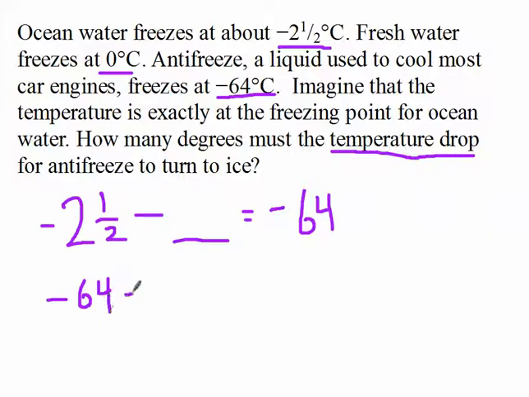-64 plus a -2.5 will give me, this is going to be a negative value. So -64, oh, excuse me.